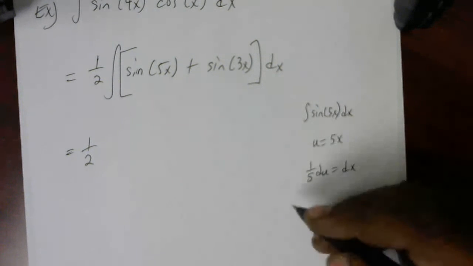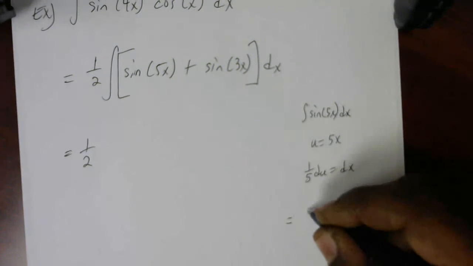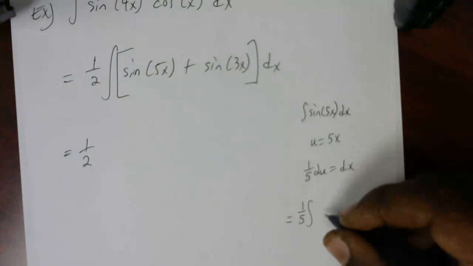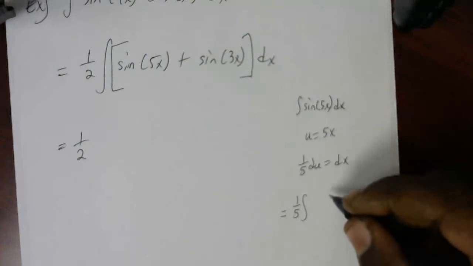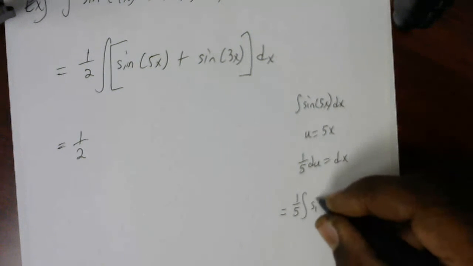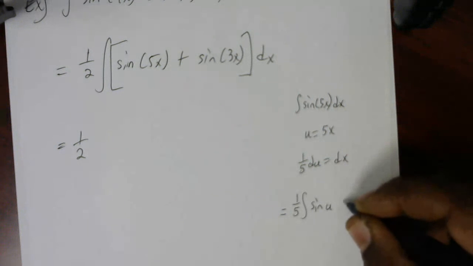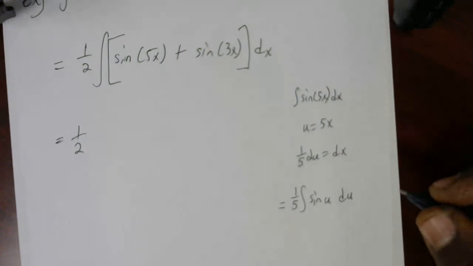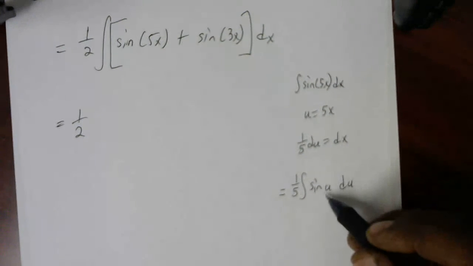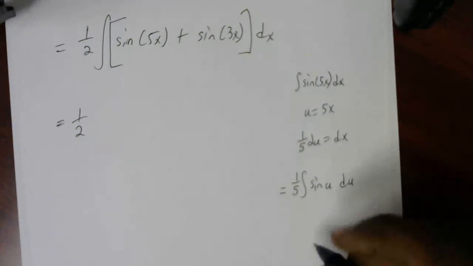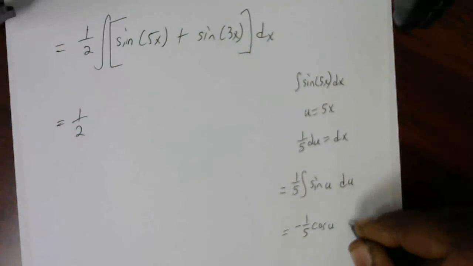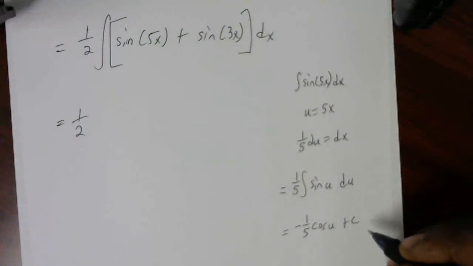So I can write this as 1/5 times the integral of the sine of u du, and the integral for sine is negative cosine, so we have negative 1/5 cosine u plus c.